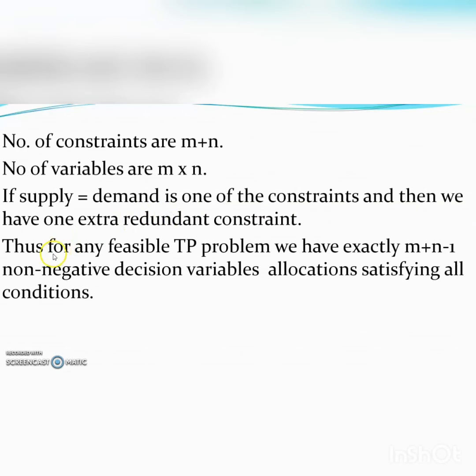So, for any feasible transportation problem, we have exactly m plus n minus 1 non-negative decision variables. That is the allocation satisfying all the conditions.